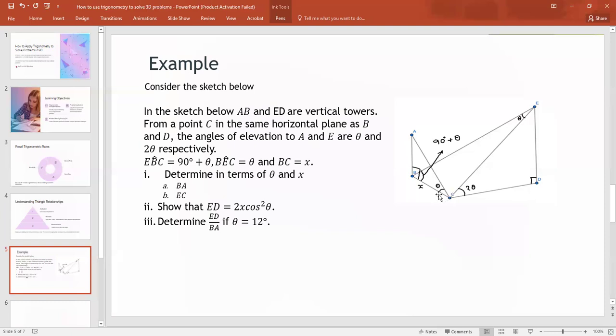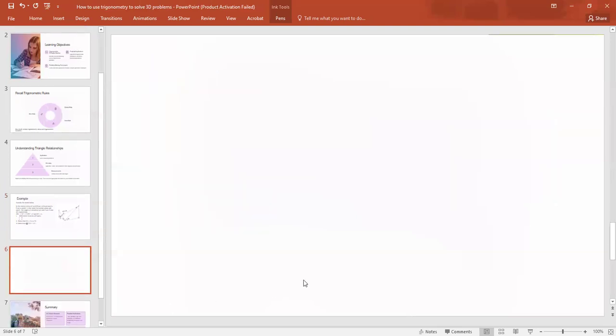So what we have to use now is a ratio which associates the opposite and the adjacent. The opposite is what we are looking for, and the adjacent is given as x. So the ratio which best corresponds to this is tan of theta, which equals opposite over adjacent.